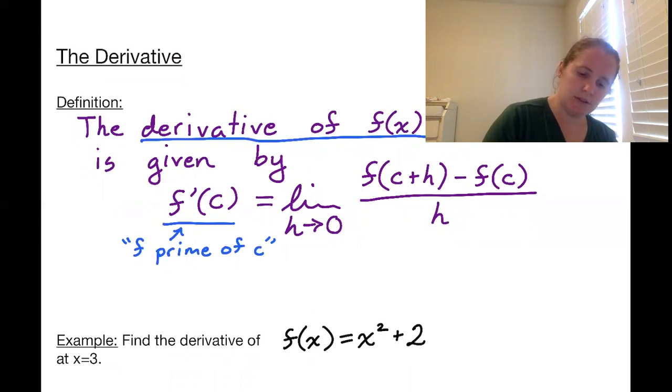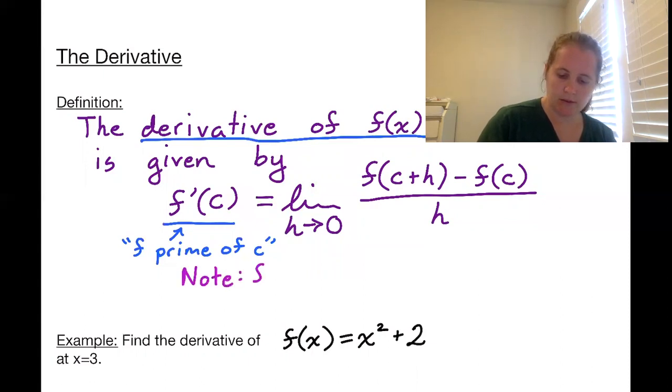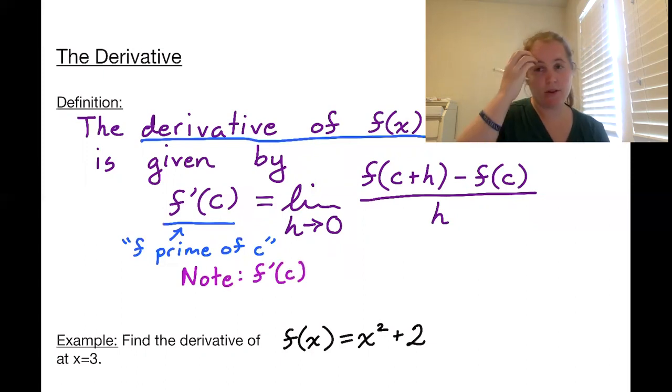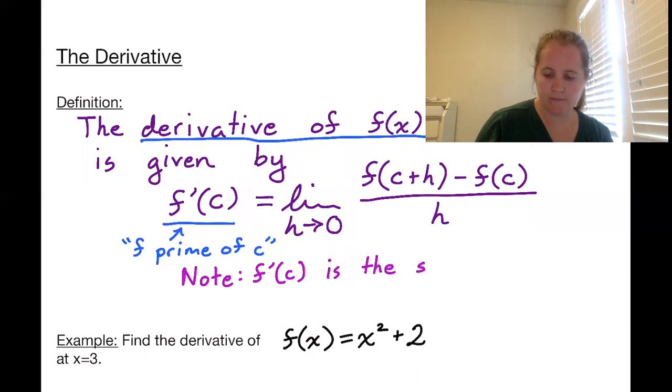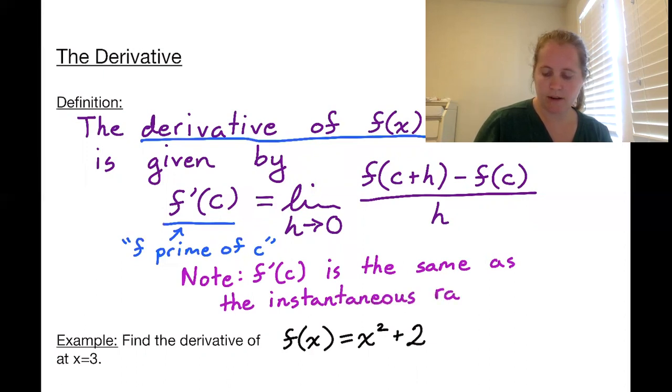So just a note: f prime of c, the derivative of f at c, is the same as the instantaneous rate of change at x equals c.